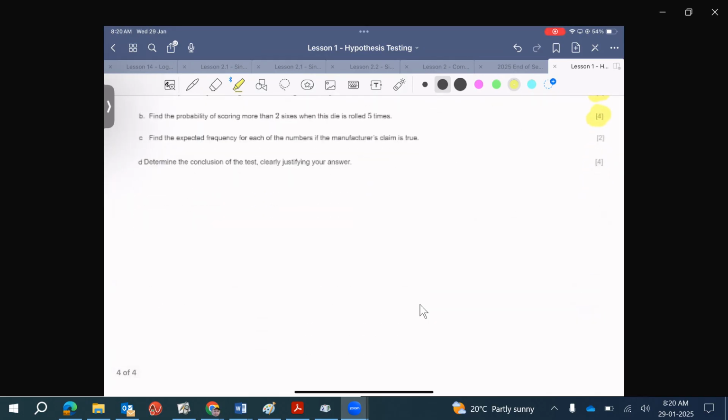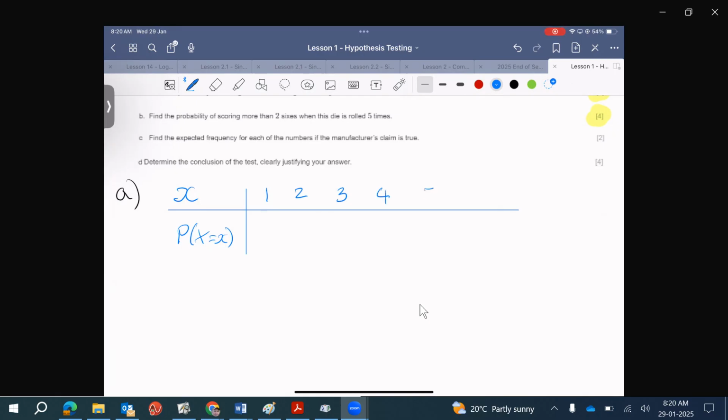So for A, we can do a discrete probability table. So we've got X, and we've got the probability that X equals x. You put up a little table. So you have the numbers 1, 2, 3, 4, 5, and 6 on the die.